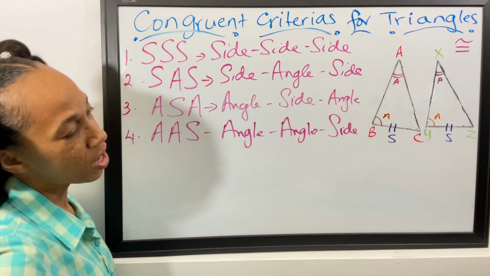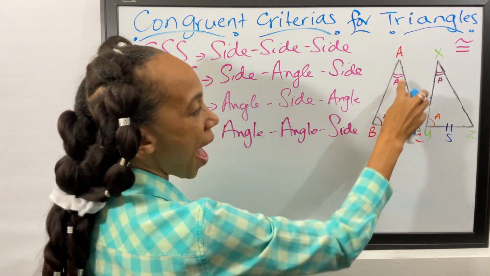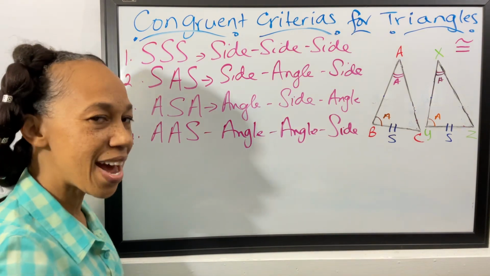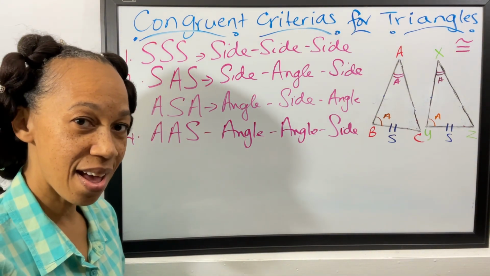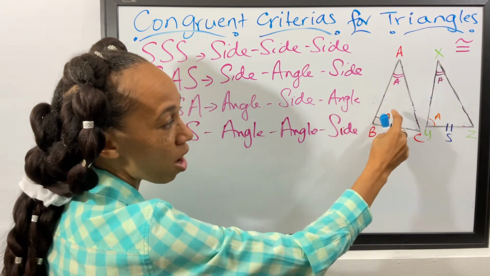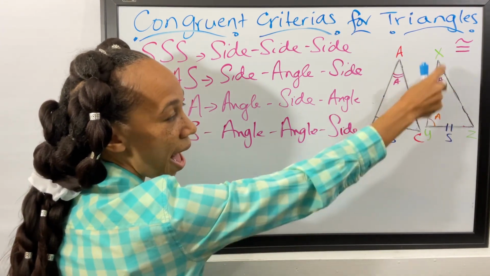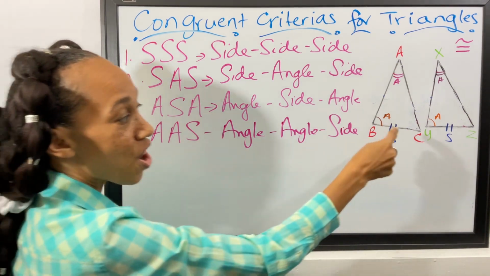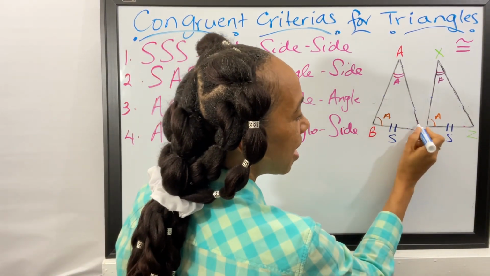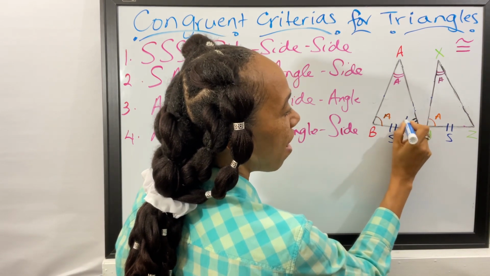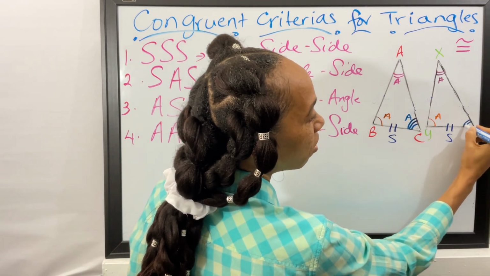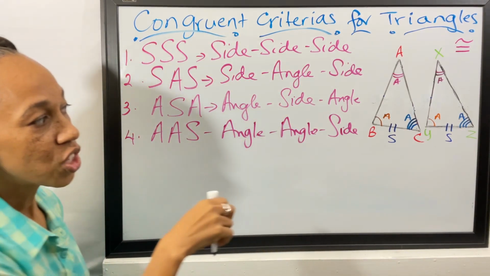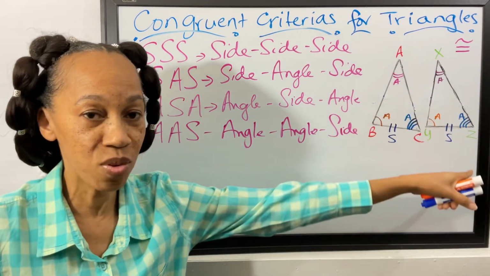If you have the two angles here that are congruent to these two angles over here, and we all know that a triangle has three angles, then obviously the third angle, which would be angle C, is going to be congruent to angle Z. So you have three angles now that are congruent.